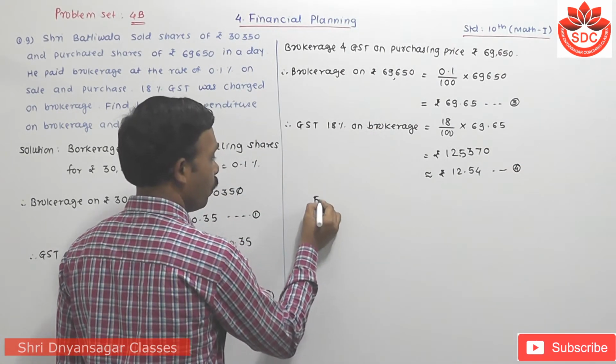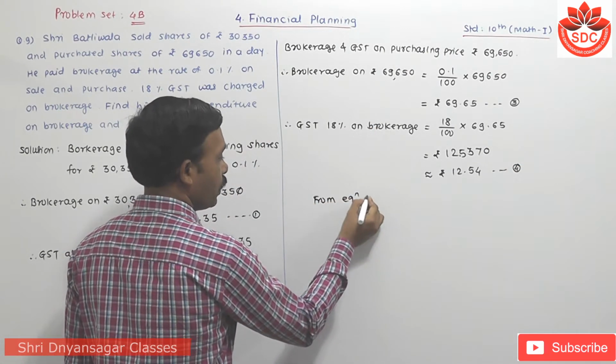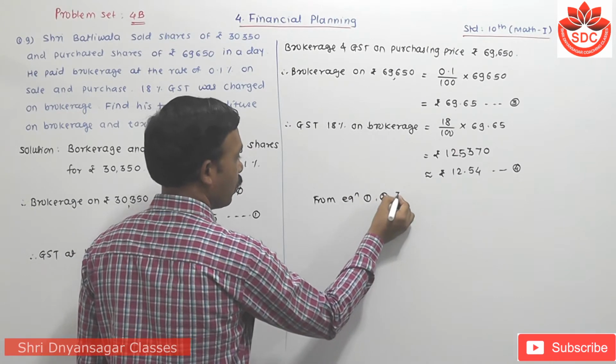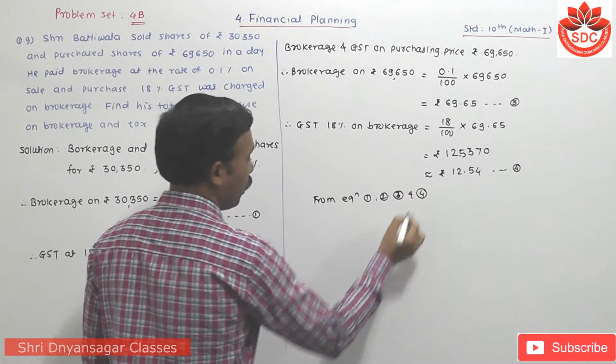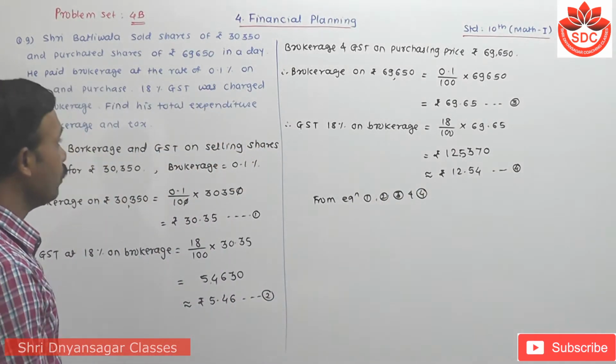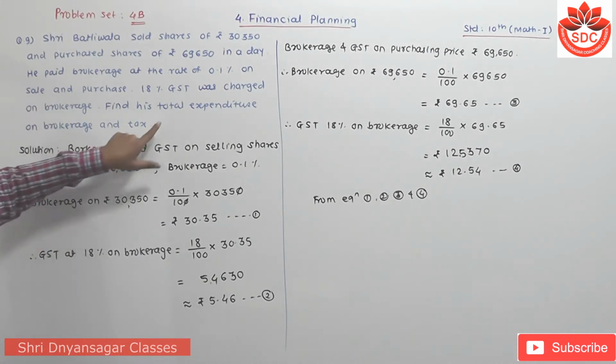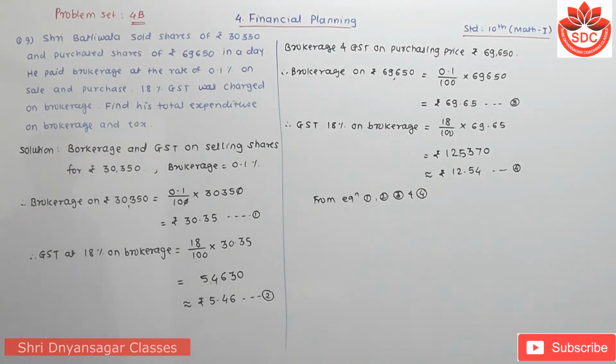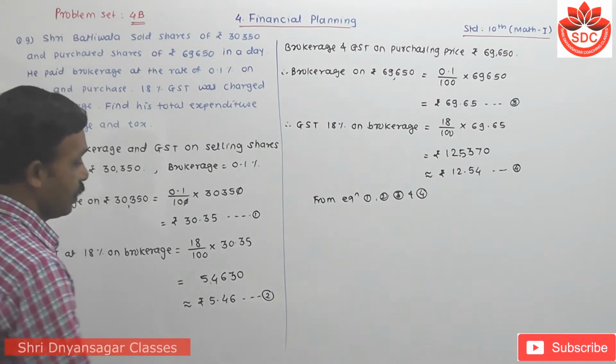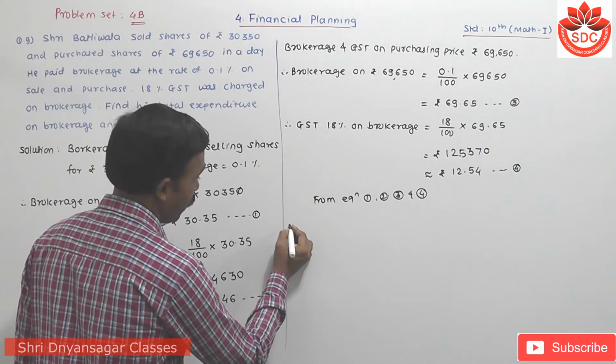Then students, from equations first, second, third and fourth, we have to find out Batliwala's total expenditure on brokerage and this tax, tax meaning GST here.